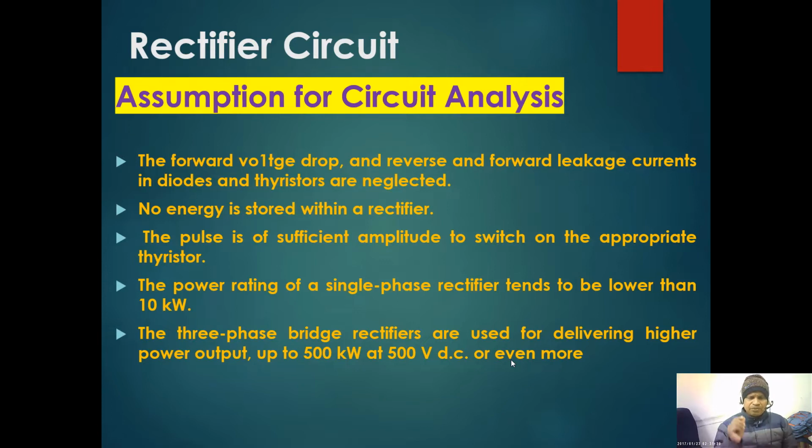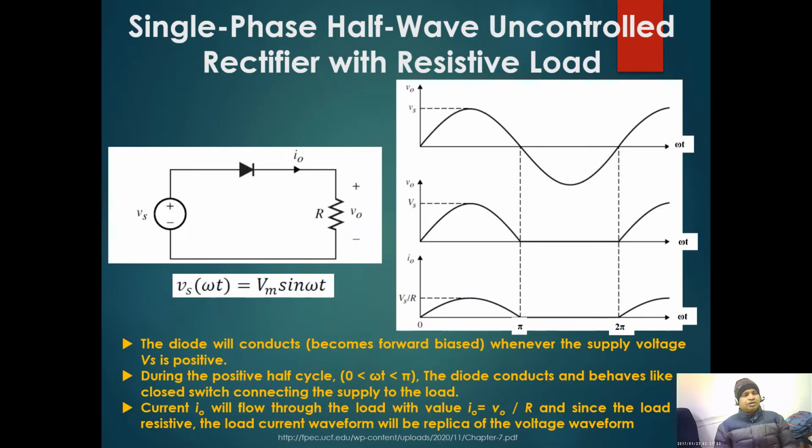A single phase rectifier can be utilized up to 10 kilowatt power rating, and above that we go for three phase bridge rectifiers. So today we will discuss the single phase half wave uncontrolled rectifier with resistive load.